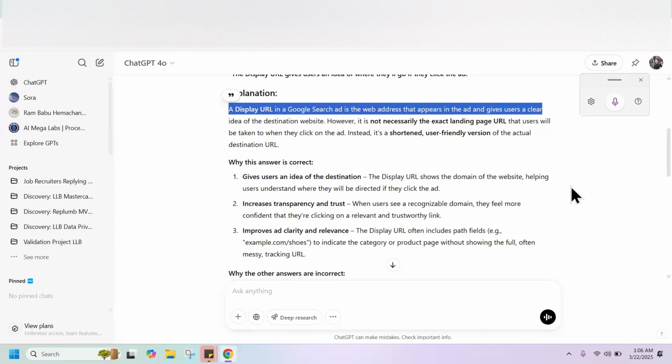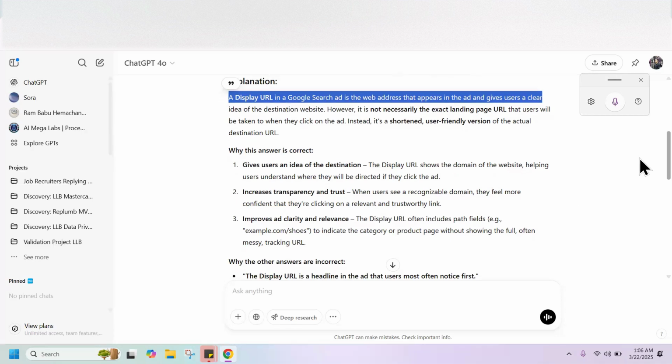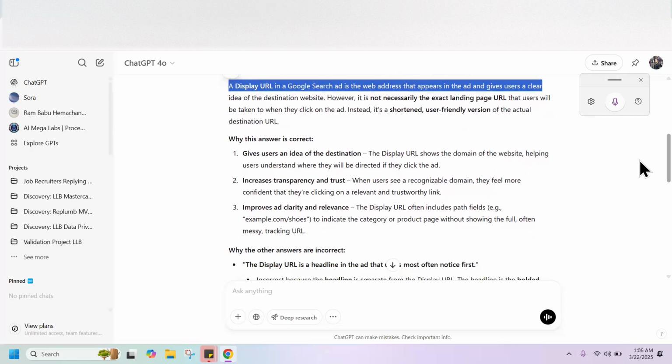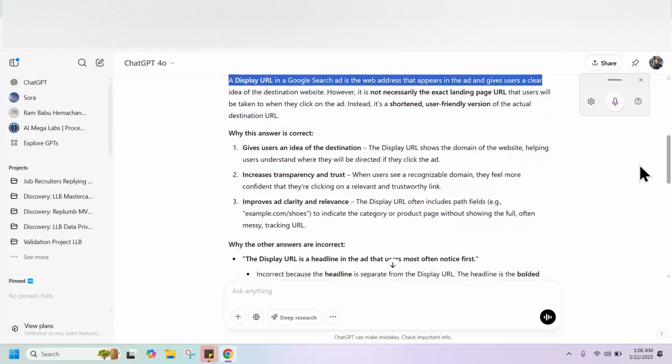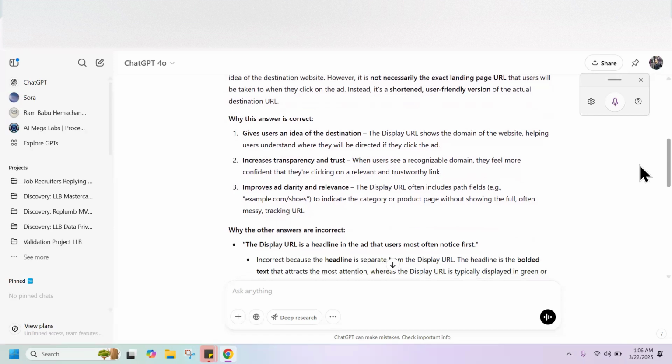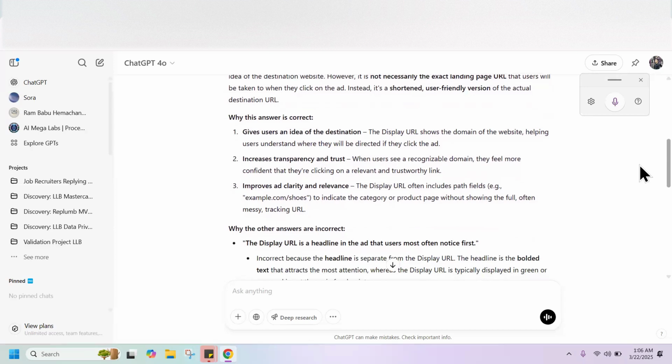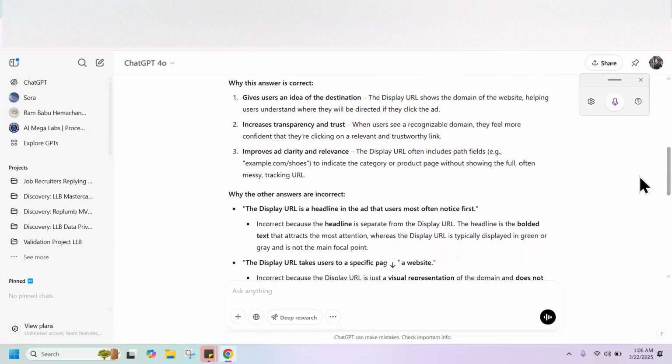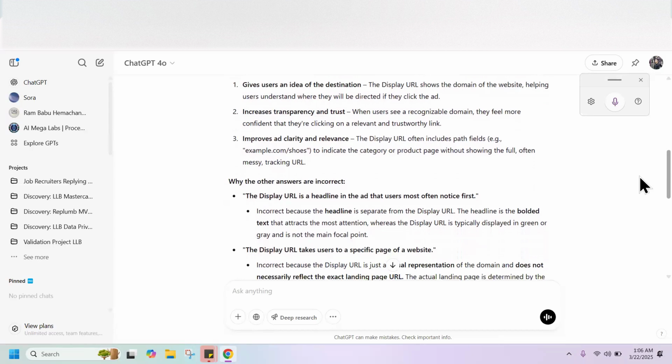Add a display URL and search. You can put anything as a display URL and you can set it to redirect to any URL, it seems like.